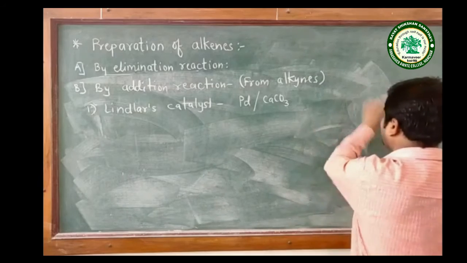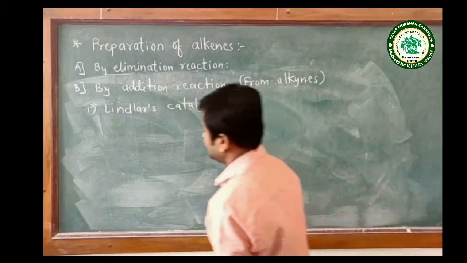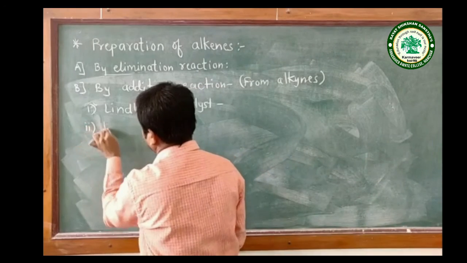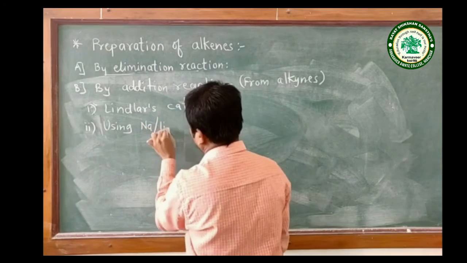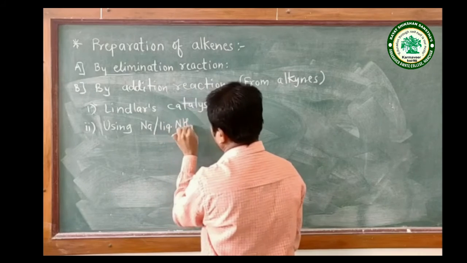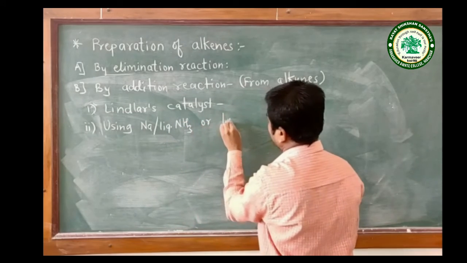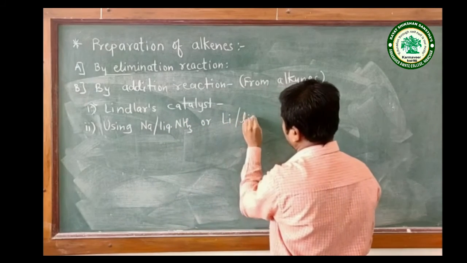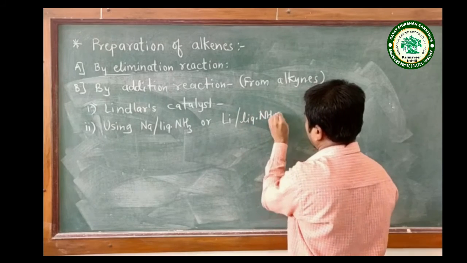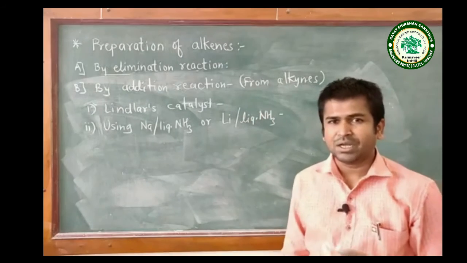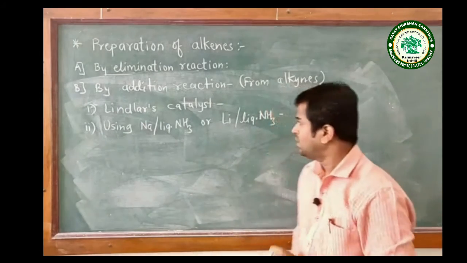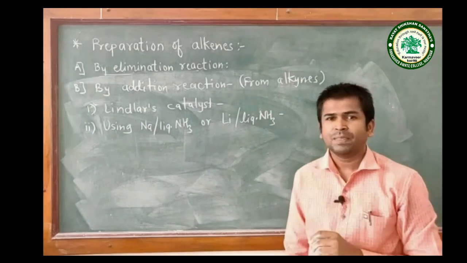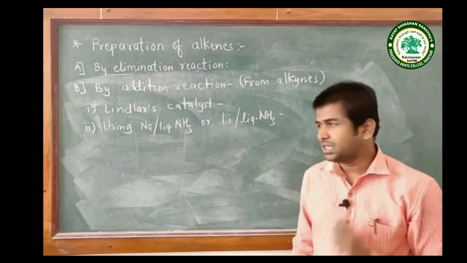Another type of addition reaction is by using sodium or lithium in liquid ammonia. So when alkynes are reduced by using sodium in liquid ammonia or lithium in liquid ammonia, it gives trans alkenes.